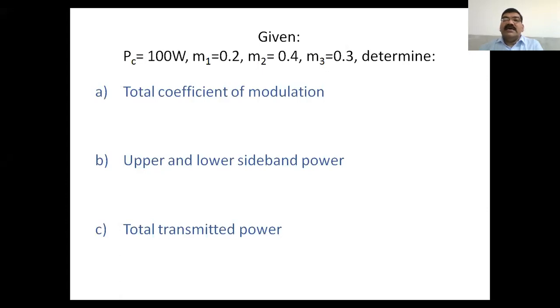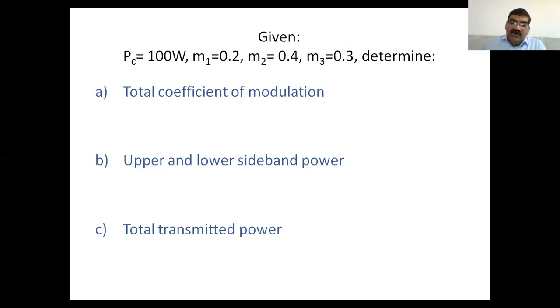I recommend this style when you solve a numerical: write down the given parameters. PC equals 100 watt, M1 equals 0.2, M2 equals 0.4, M3 equals 0.3. Then determine. Although it looks very simple, we have to go step by step, because in overconfidence we make silly mistakes and lose marks. So here, total coefficient of modulation.